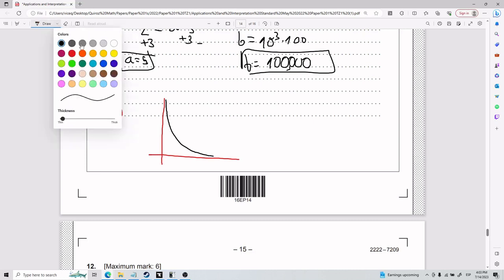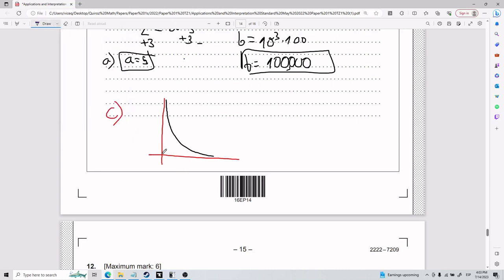Over here in blue is going to be my 0, and at some point here is going to be my 8. So my range is going to be whatever this value is up until this value here.